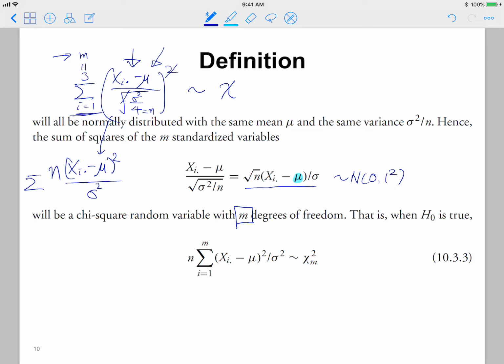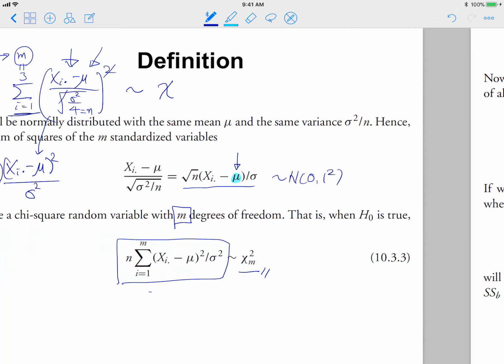And then we sum them up, and we factor out all this summation operator, and that way we obtain this guy. And then that will follow the chi-square distribution with the degree of freedom of m, which is the number of different groups that we have. So again, this chi-square distribution is assuming the null hypothesis, which means for each group, the true mean value will all be the same.